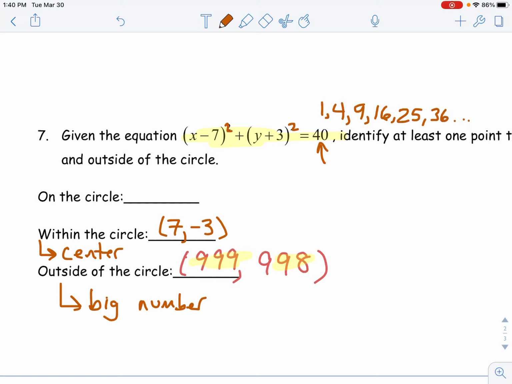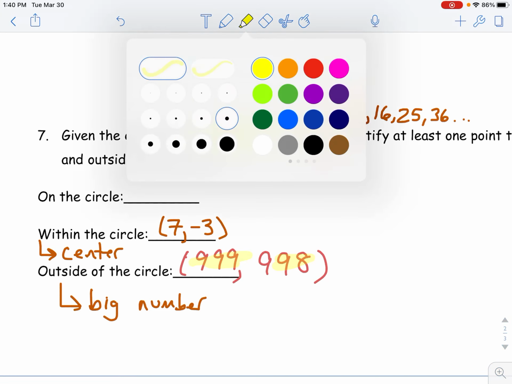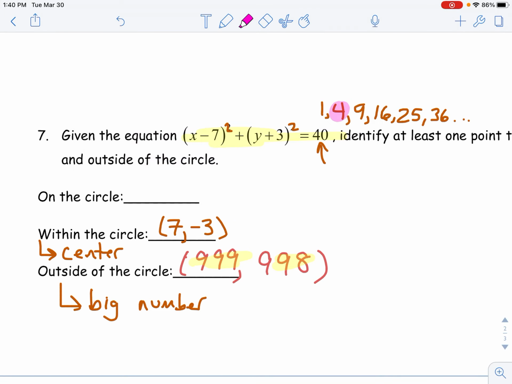Which two of these numbers add up to 40? It'd be 4 and 36. So basically, I just have to find a point where I can get 2² and 6².